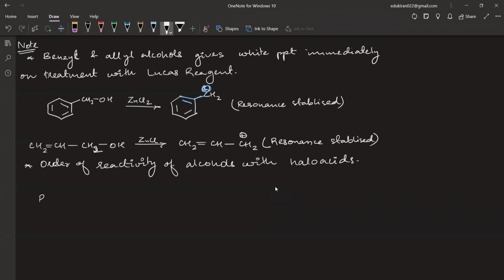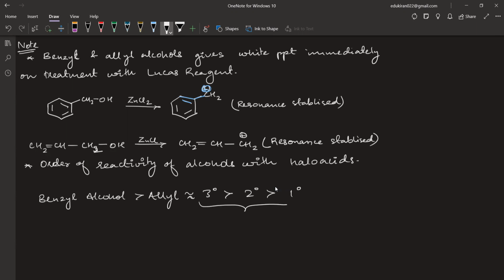So see, benzyl alcohol will react the fastest, followed by allyl. And you can say that approximately it will be equal to the tertiary carbon, 3 degree, followed by 2 degree, followed by 1 degree. Okay.